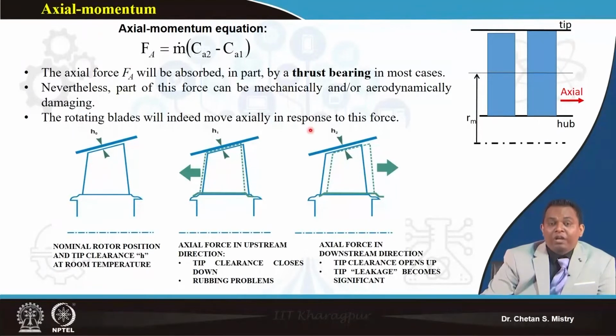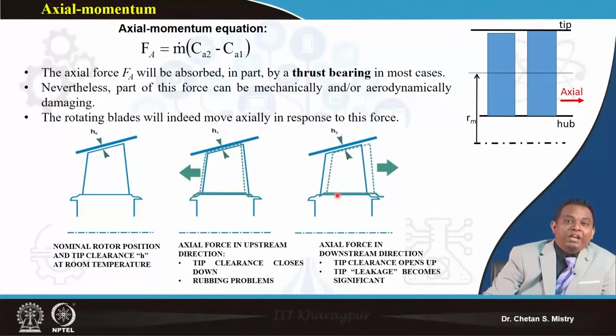If I go the other way, and the axial force is acting in the downstream direction, the gap between rotor and casing is going to increase.